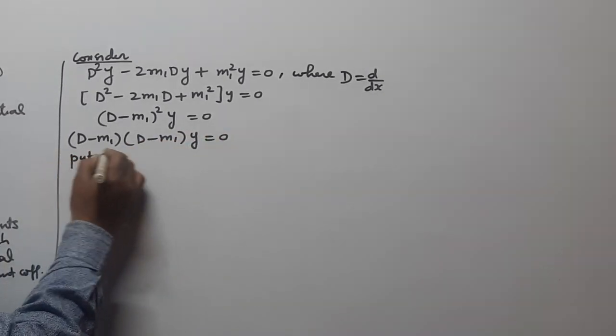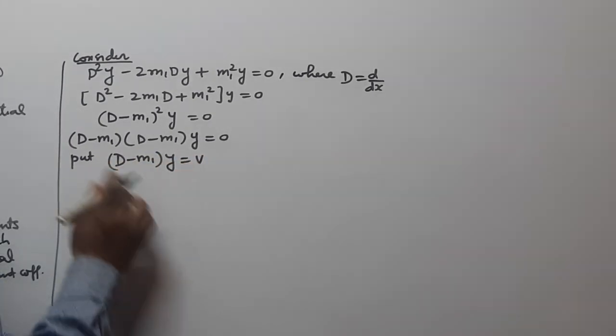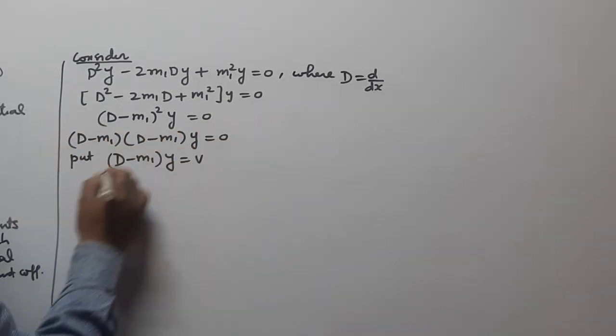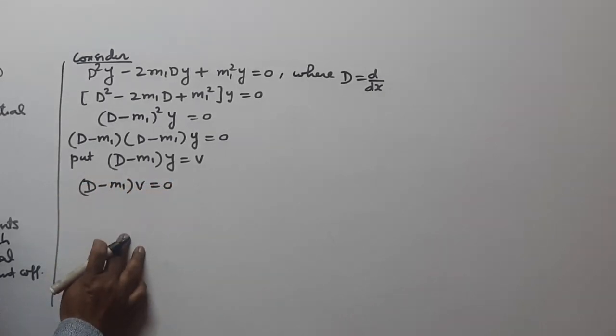So put D minus m1 y is equal to v. So the above differential equation reduces to D minus m1 v is equal to 0.